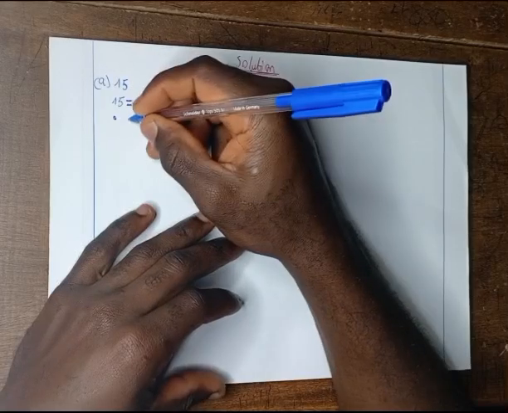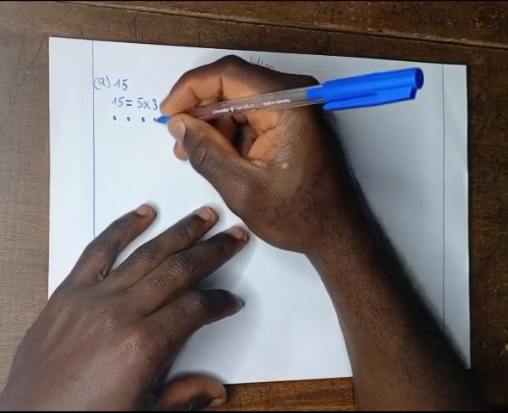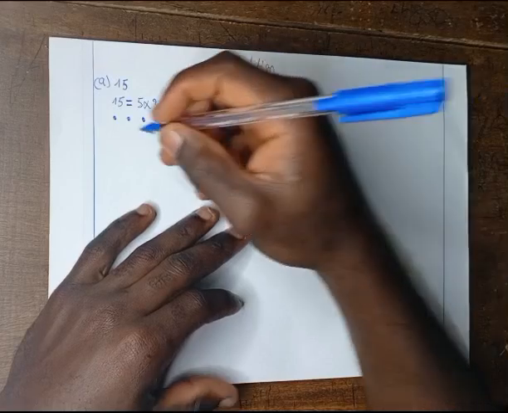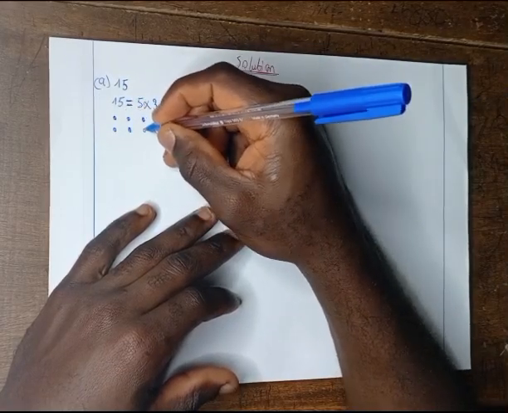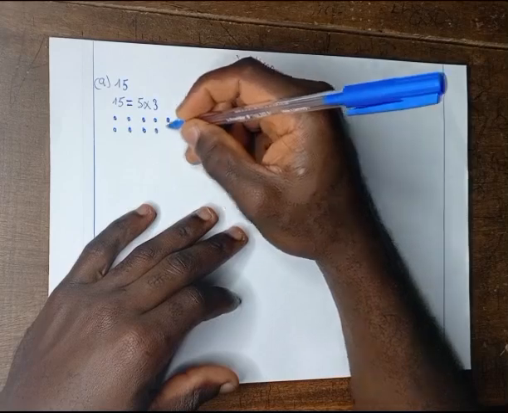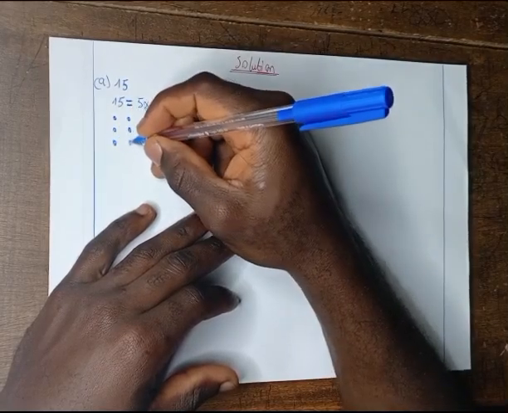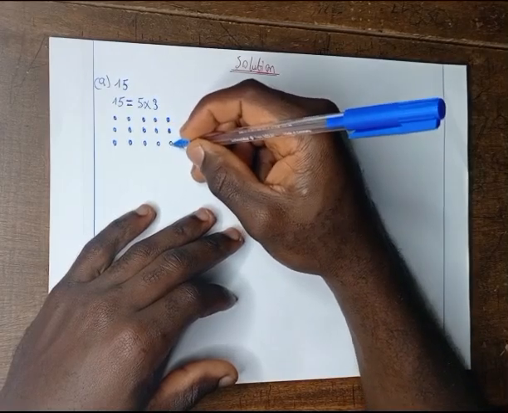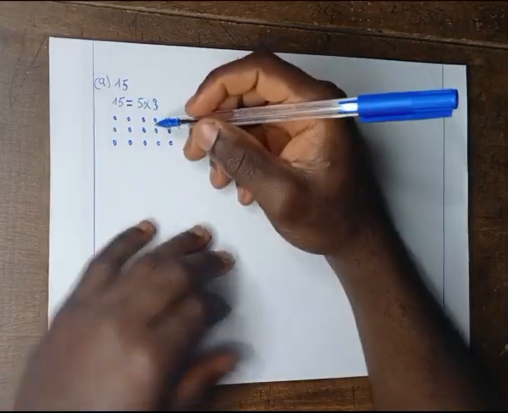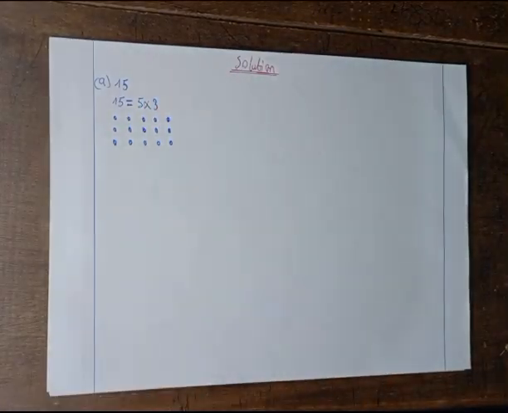We count: 1, 2, 3, 4, 5, 6, 7, 8, 9, 10, 11, 12, 13, 14, 15. So if we connect these dots, we are going to obtain a rectangle.